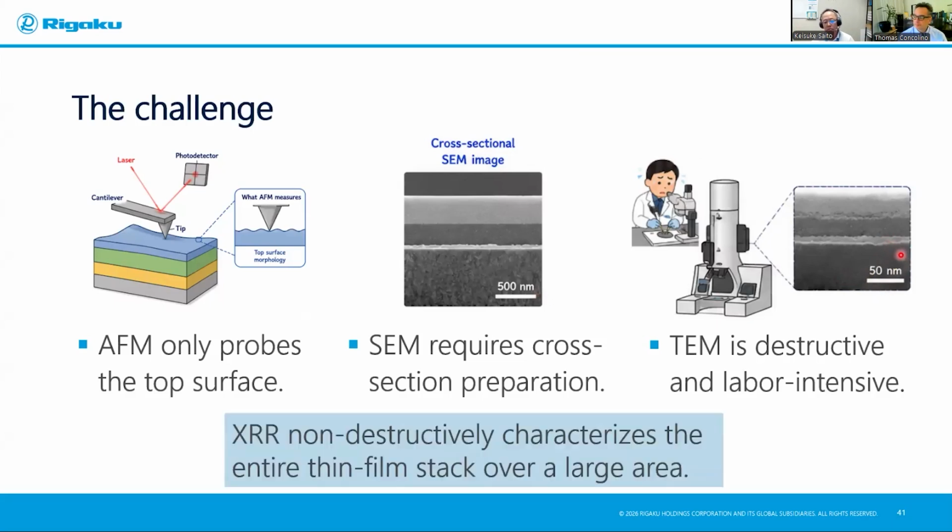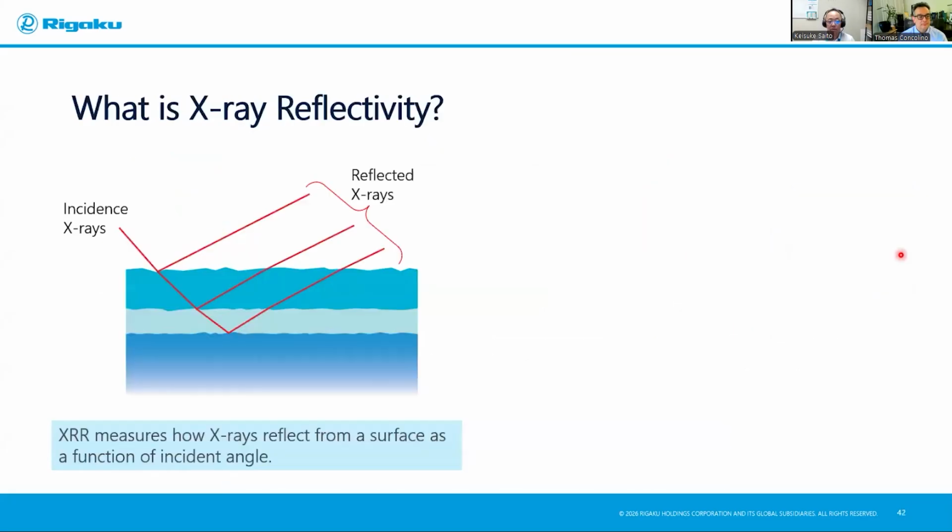Compared to those, X-ray reflectivity is a non-destructive characterization, which shows us the film structures without destroying them. X-ray reflectivity measures how X-rays are reflected from a surface as a function of incident angle.